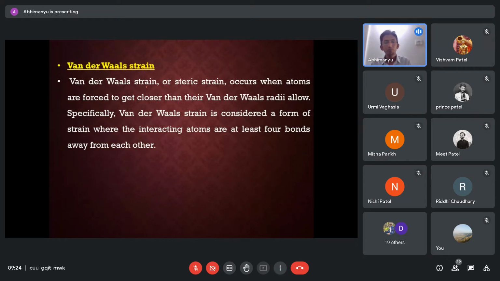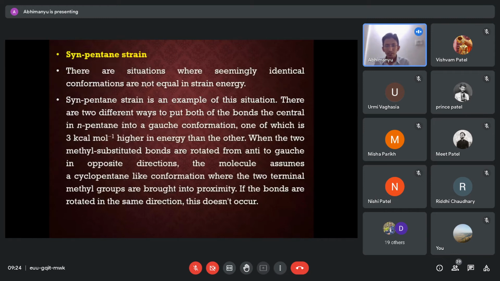Ethane is the simplest example of the van der Waals strain. The atoms of the molecule try to arrange in such a way that there is minimum repulsion and maximum stability.